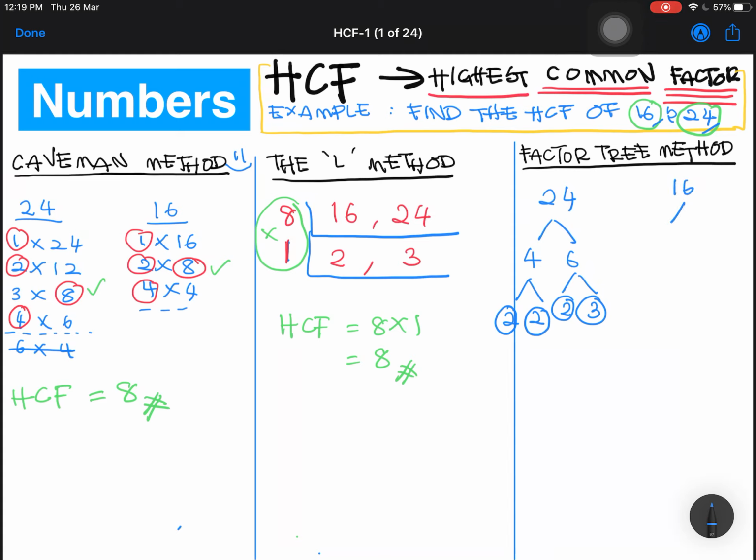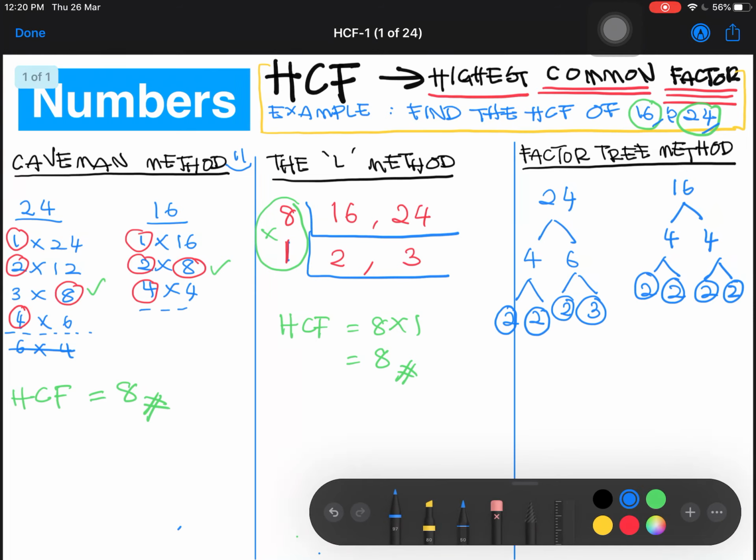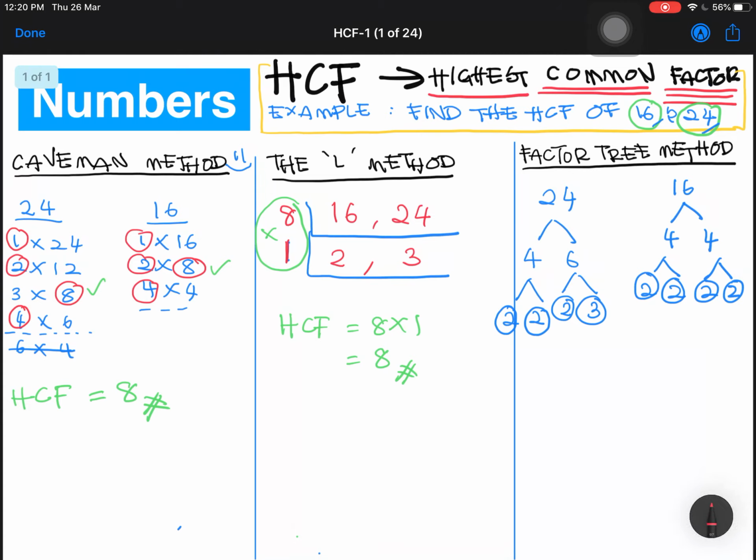Done. Now, for 16, you do the same thing. We start off with 2 branches. Both are not prime, so we have to continue further, and this gives us 2, 2. Now, because we want to find the common and the highest factors, we are trying to locate what numbers are repeated in both factor trees.